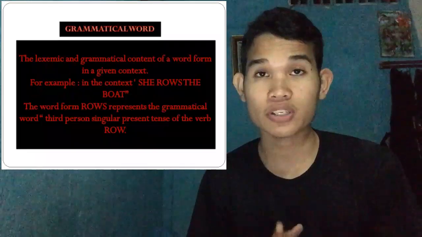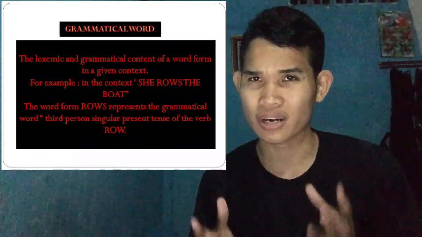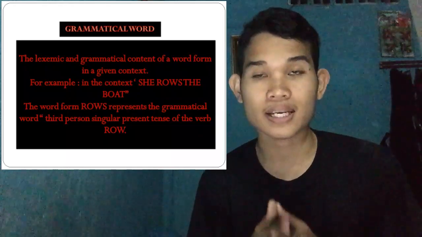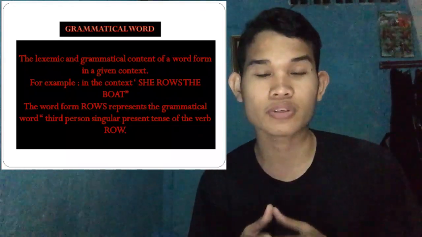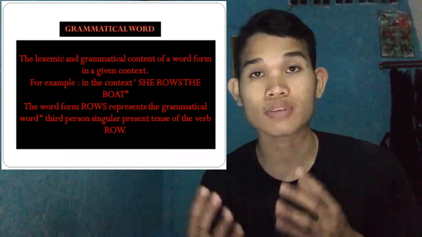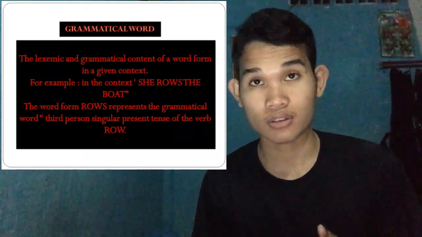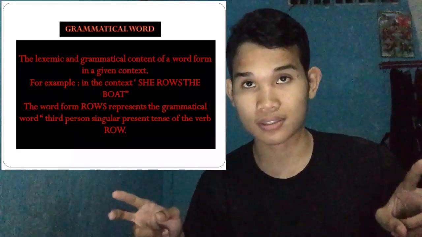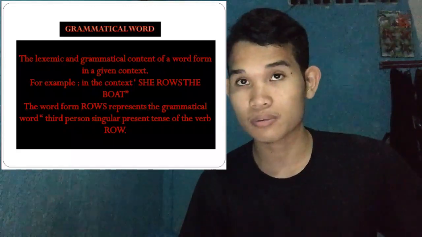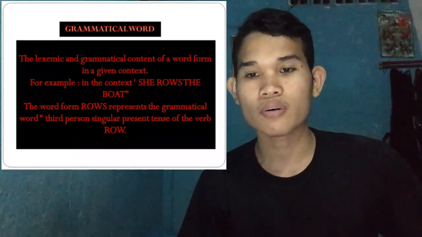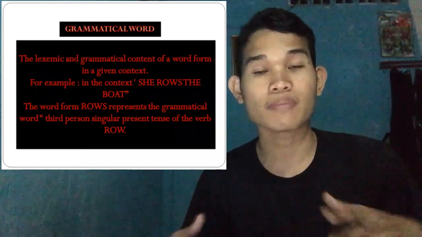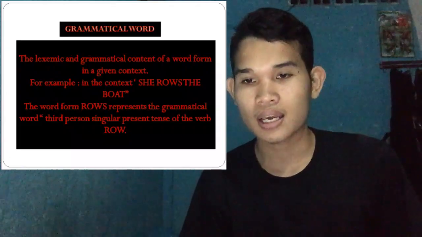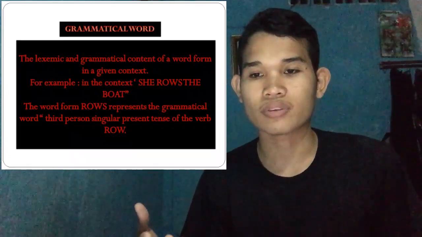So the next one is the grammatical word. What is actually a grammatical word? Basically, the grammatical word is the lexeme together with the grammatical content of the word formed in a given context. For example, in the sentence, she rows the boat, the word rows represents the grammatical word, which is the third person singular, present tense of the verb row.